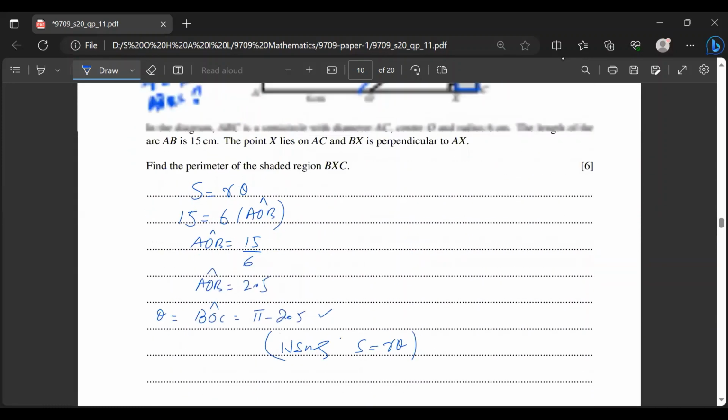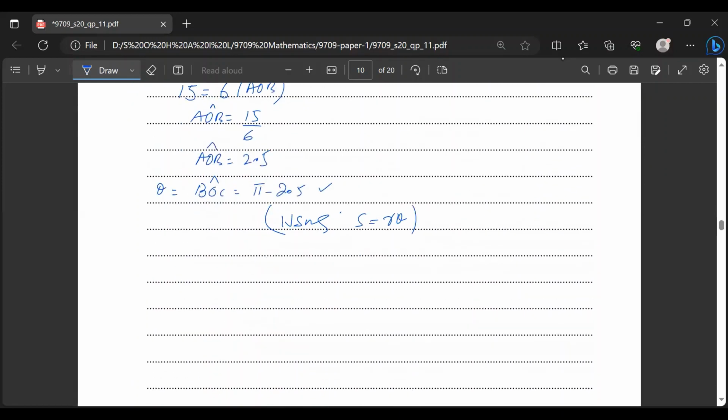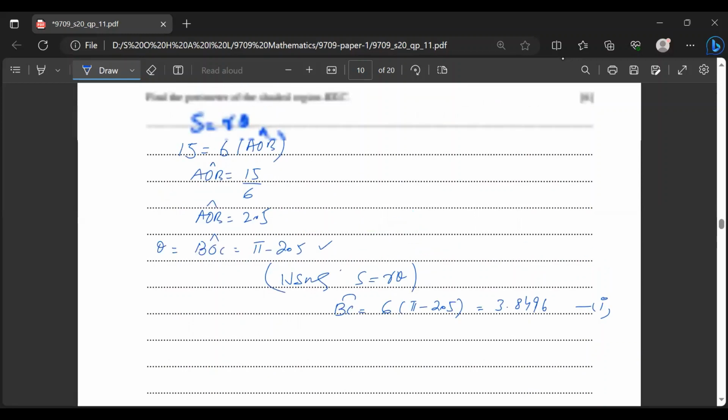So the BC arc length is 6 times pi minus 2.5, which in decimals is 3.8496. You can verify. So this is number 1, the arc length BC.